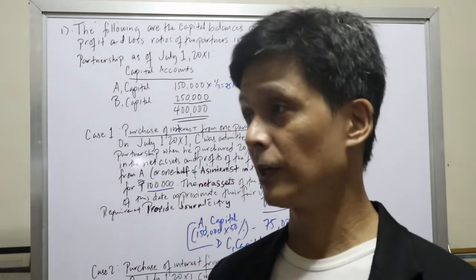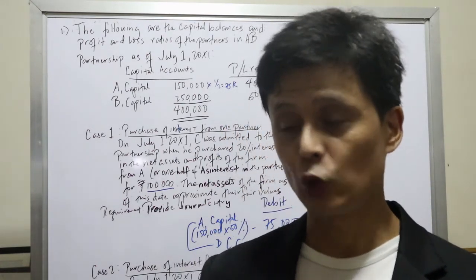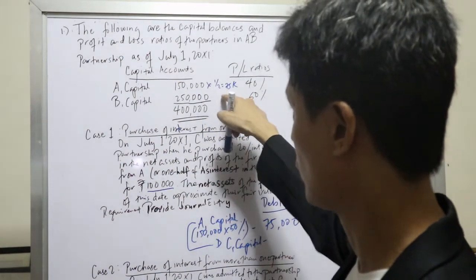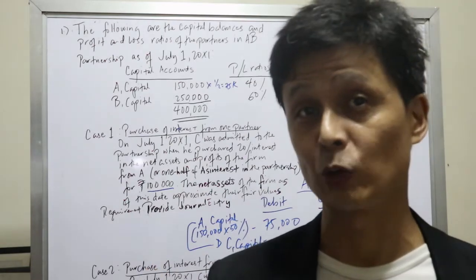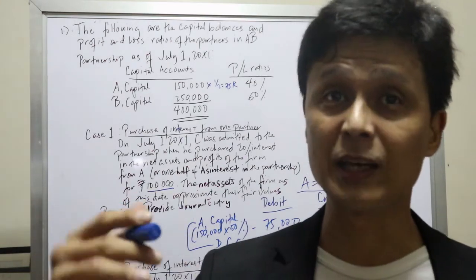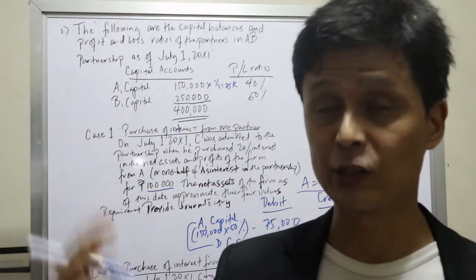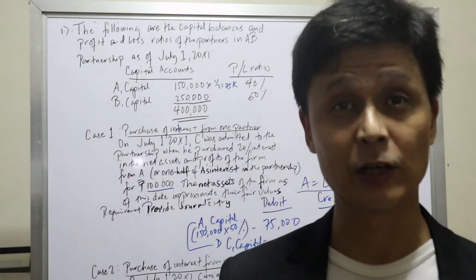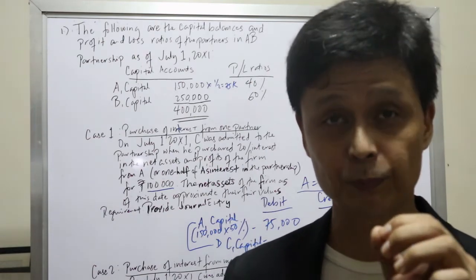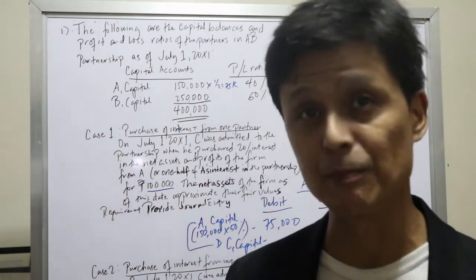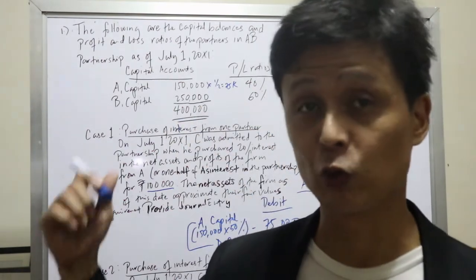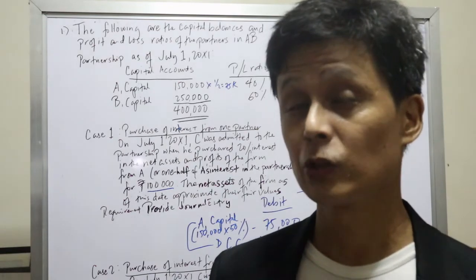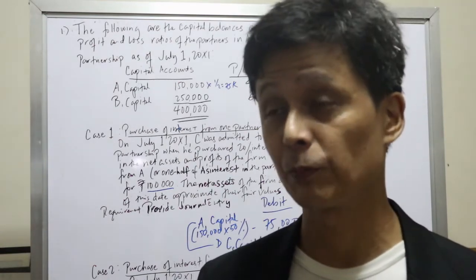Simply because that is only the equivalent of one-half of A's capital, which is 75,000. He is credited only the certain percentage of the capital he is buying from the existing partners.